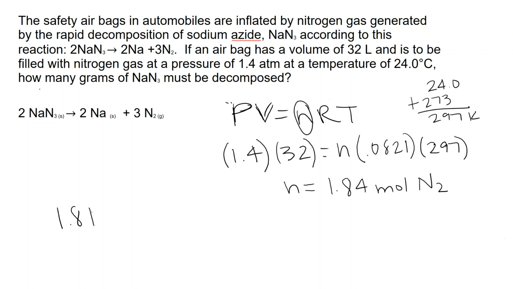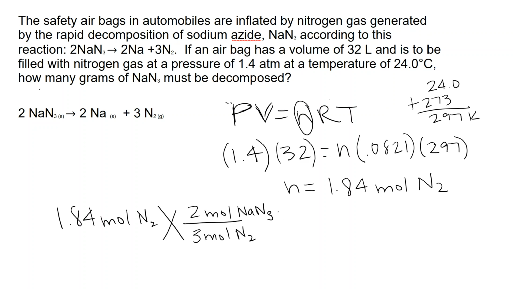So we have 1.84 moles of N2, and our first step will be to use coefficients to do a mole-to-mole ratio conversion. For every 3 moles of N2 that we have, we would need 2 moles of NaN3.